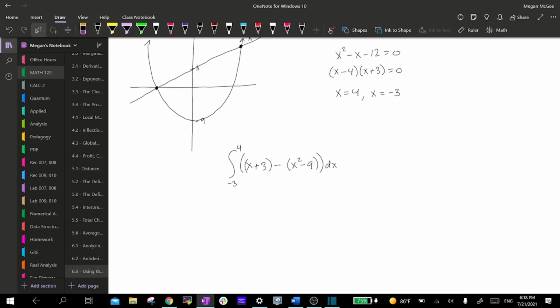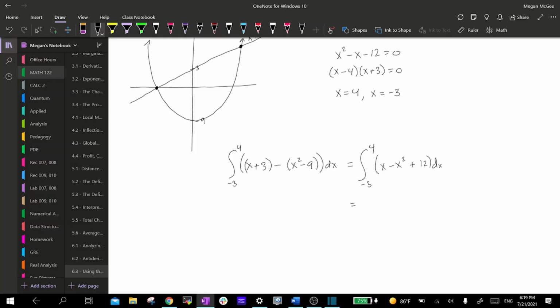Okay, so we can clean this up a little bit inside and get that this is the integral from -3 up to 4 of x minus x squared plus 12 dx.